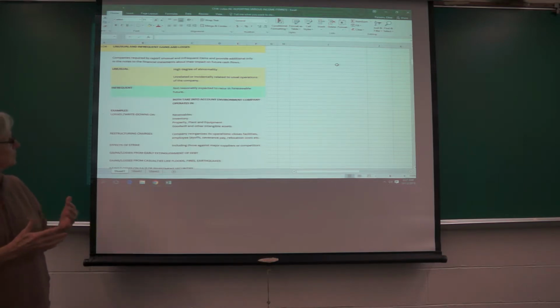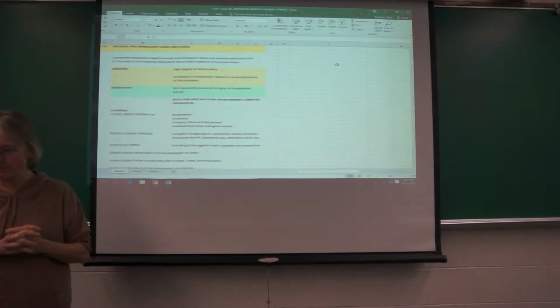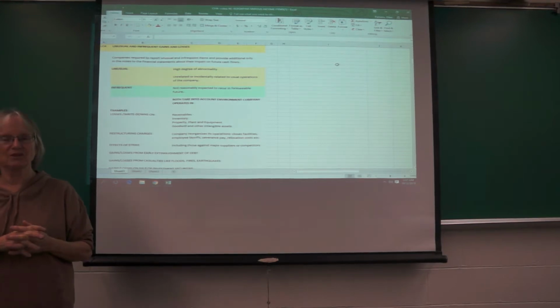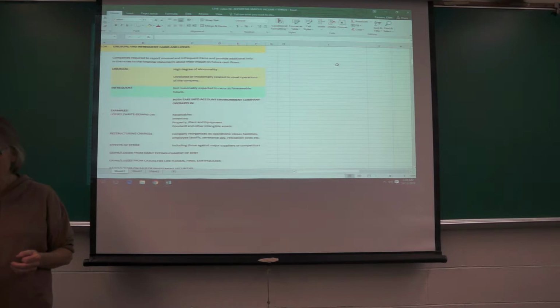So these are all restructuring charges, and they have to be expensed as they happen. That was not the case in the past, and companies did use that to manipulate their income. So now those just have to be expensed. Effects of a strike, and gains and losses from paying off debt early.